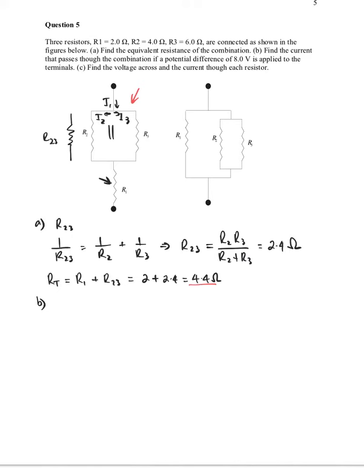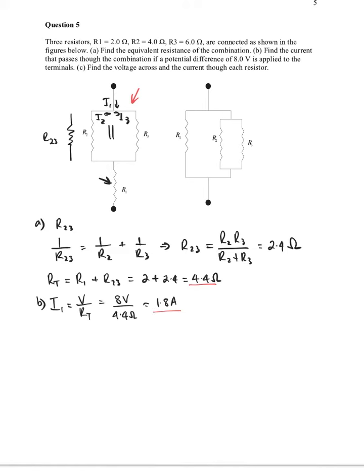I1 is just the voltage of the battery over RT. That's 8 volts divided by 4.4 ohms, which comes out to be 1.8 amps. So we've got a total of 1.8 amps flowing through the circuit.